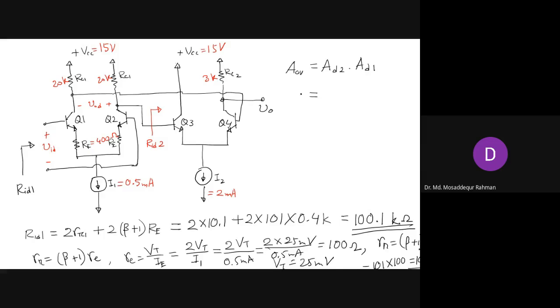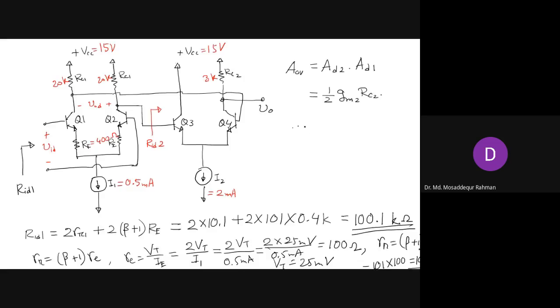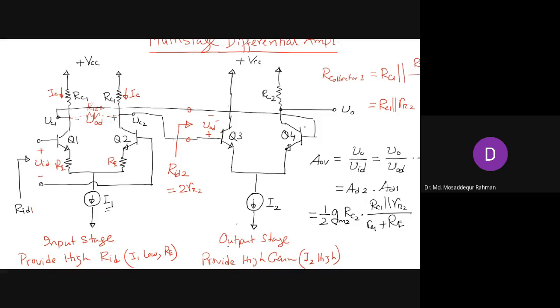And 82 we had half GM1, sorry, GM2 and RC2, that is what we had, right? Okay, let's get back to the previous one. So the gain expression, okay, we wrote like this.